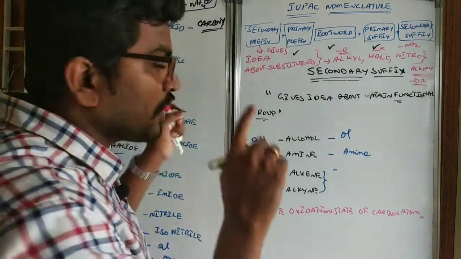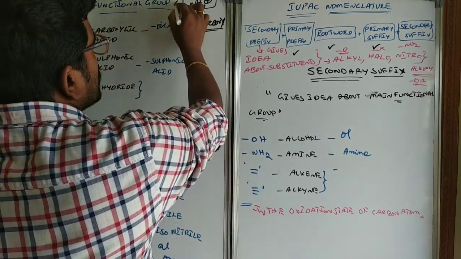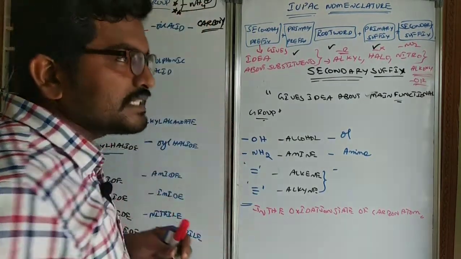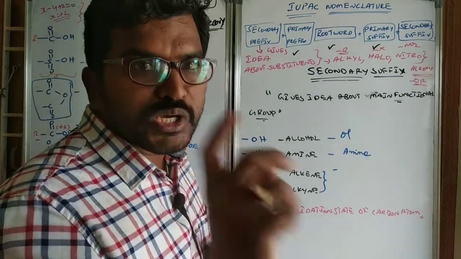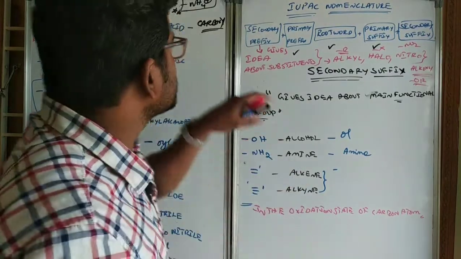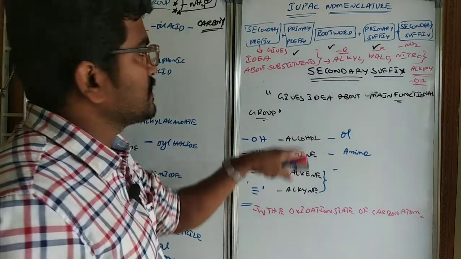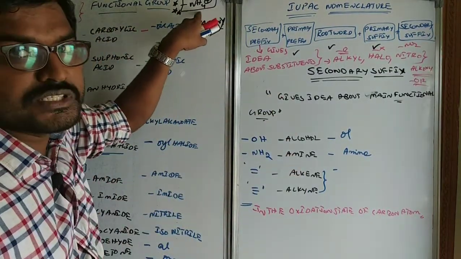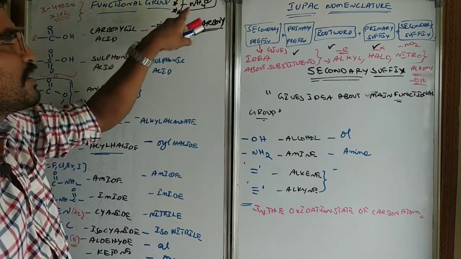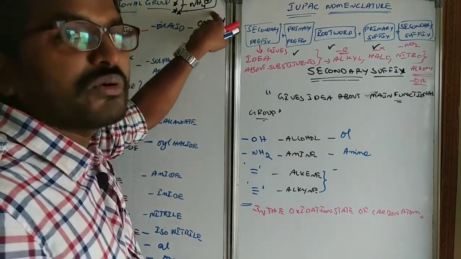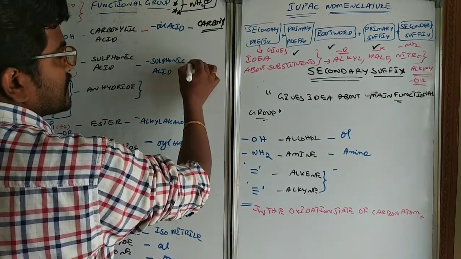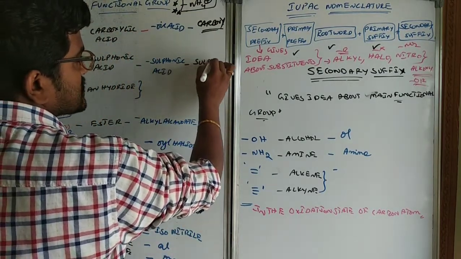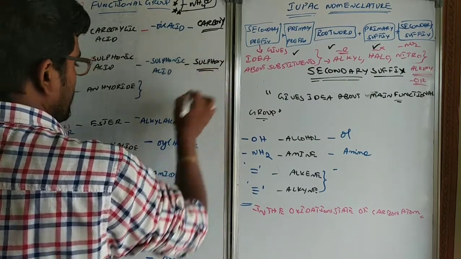Among all the functional groups, the group with highest priority is NH4 plus, ammonium salts. If ammonium salts are present, then all these will become substituents. I didn't write it here, but we will mostly not encounter compounds with this functional group. So carboxy. Sulfonic acid as a substituent is sulfo.